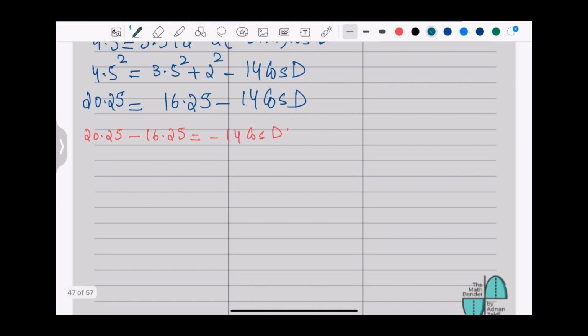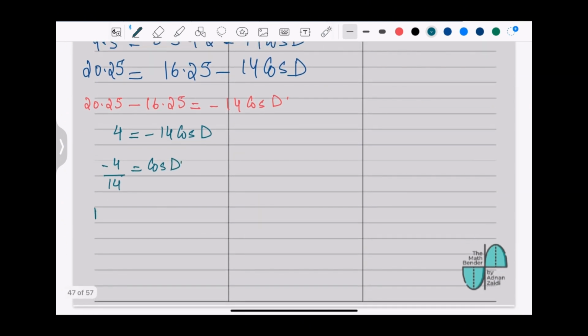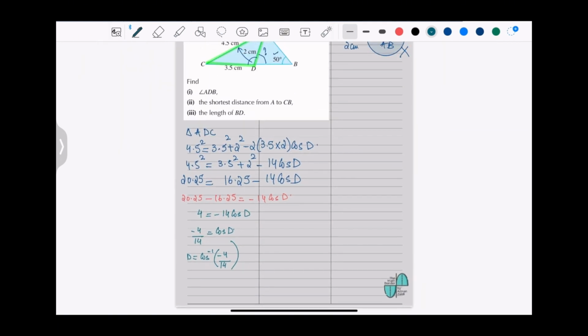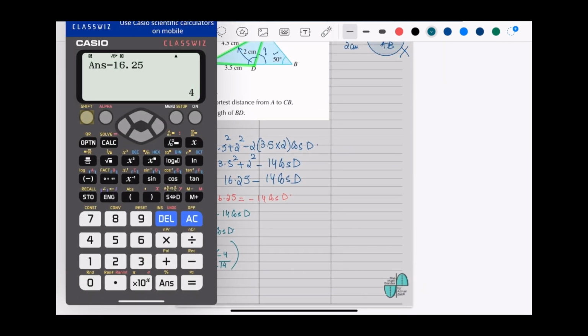Now 4 is equal to negative 14 cos D, and negative 4 over 14 is equal to cos of D, and D is going to be cosine inverse negative 4 over 14. 106.6.